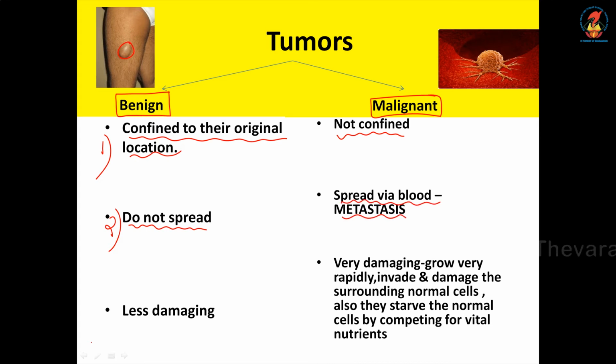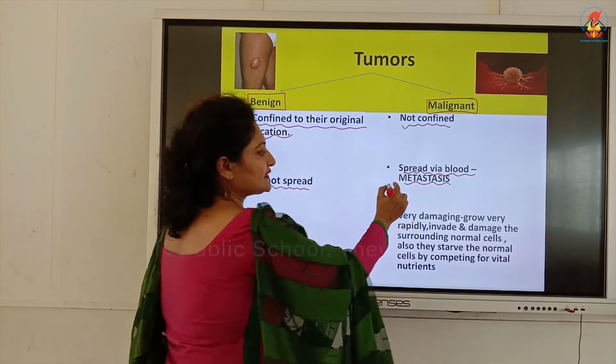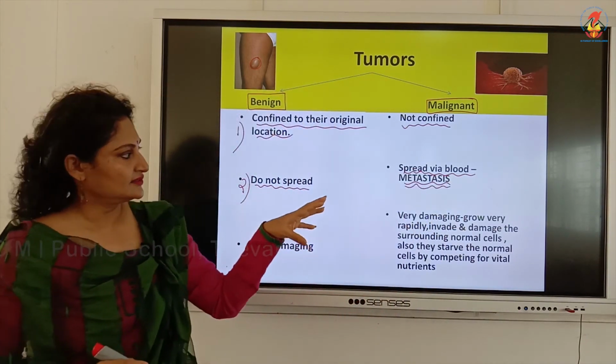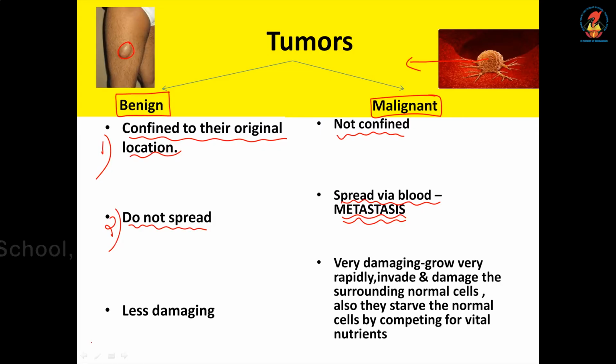How? Via the blood, and that process by which malignant tumors spread through the blood is known as metastasis. Clear? And the problem is that the cells from this malignant tumor are carried by the blood, and wherever they get deposited or lodged, they form a new tumor.